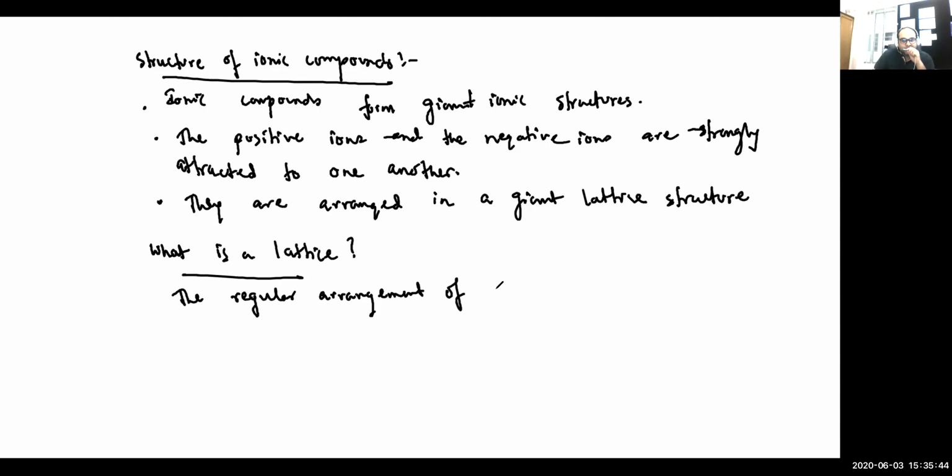But not just ions: the regular arrangement of ions or molecules within a crystal is known as a lattice.